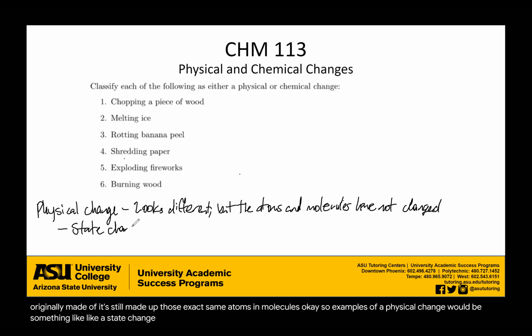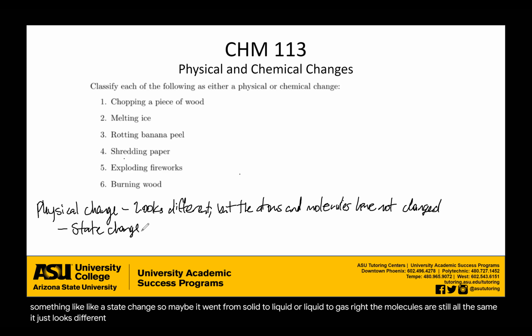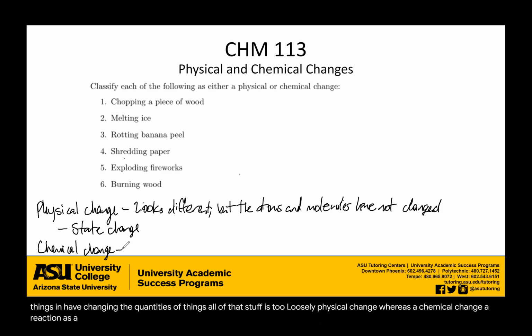So maybe it went from solid to liquid or liquid to gas, right? The molecules are still all the same, it just looks different. Or anything that really just looks different, but hasn't really changed much. So like slicing things in half, changing the quantities of things, all of that stuff is still just a physical change.